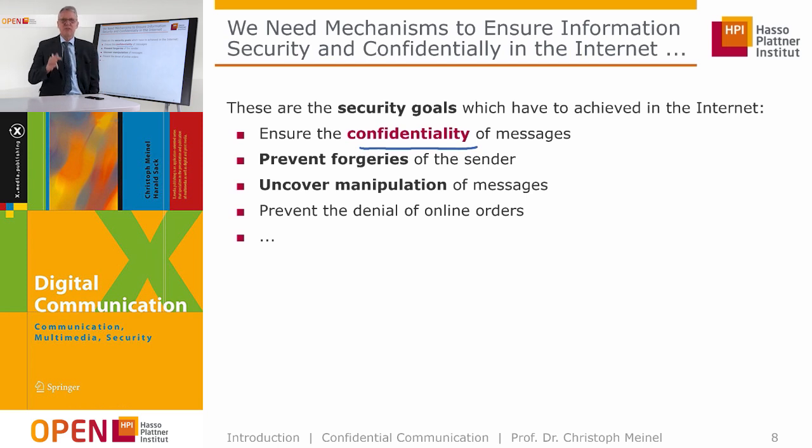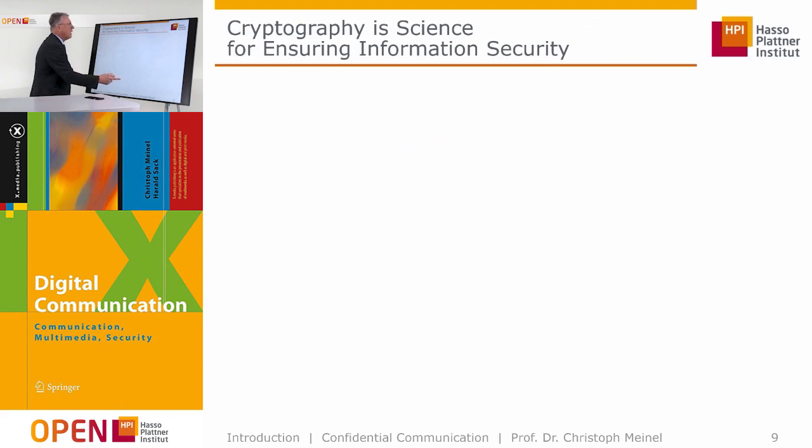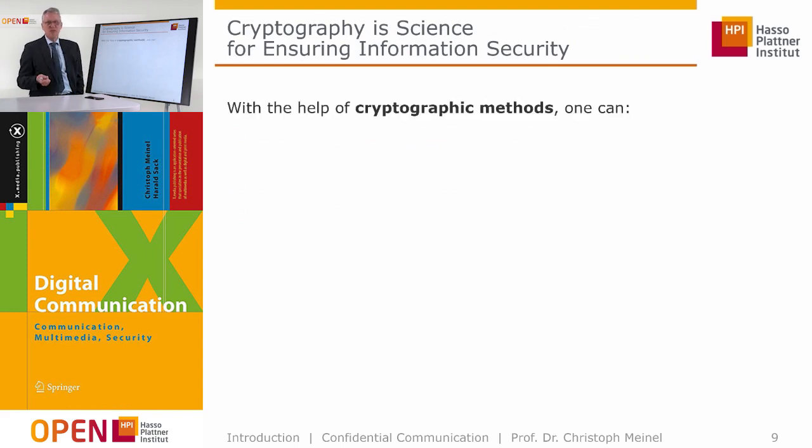This is our main focus in this course. With this, one can prevent forgeries of the sender. One can uncover manipulation of messages. One can prevent the denial of online orders. These are security goals, and we have to look for the measures we can use to reach these goals.